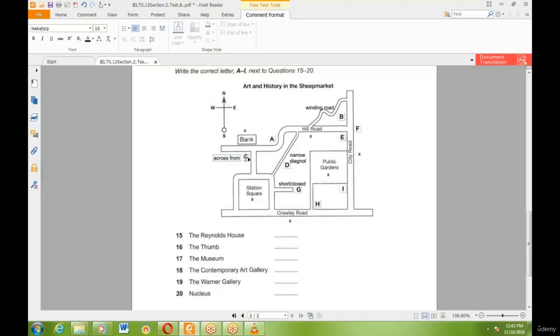Now, the reason I'm going over this language with you guys is because some people don't get this part of making maps easy. What do you call this part where Hill Road and City Road come together? What do you call that in English?